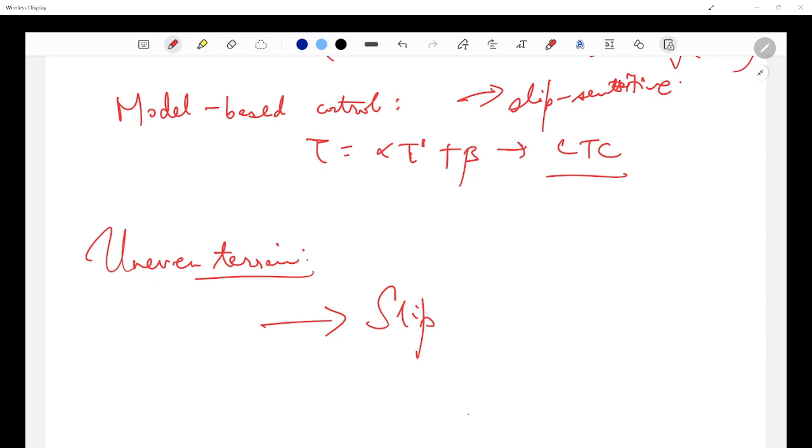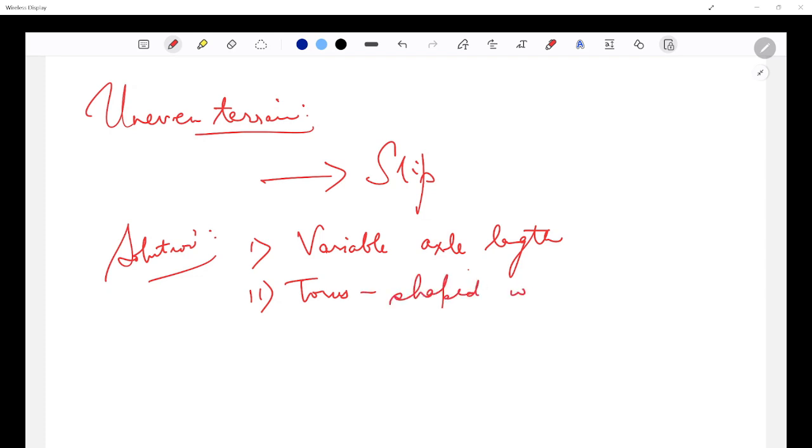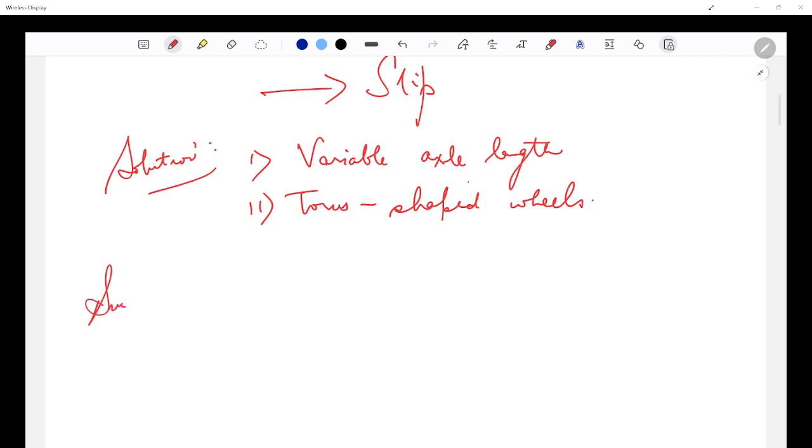Solution, we can have variable axle length, right? We can have torus shaped wheels. Okay. So let's go about surface modeling.